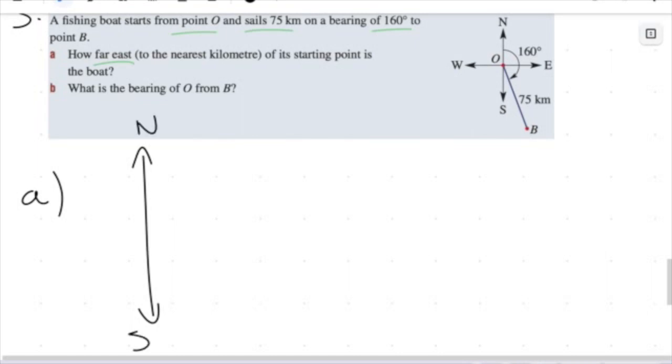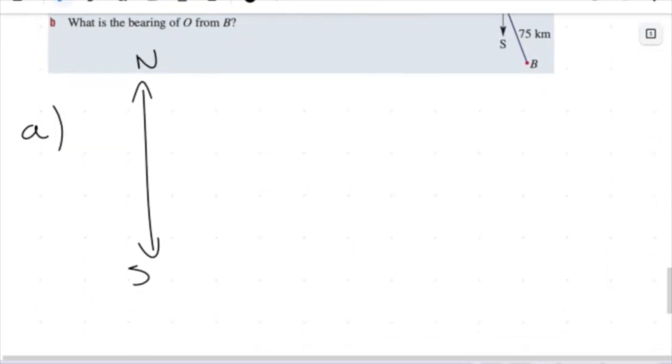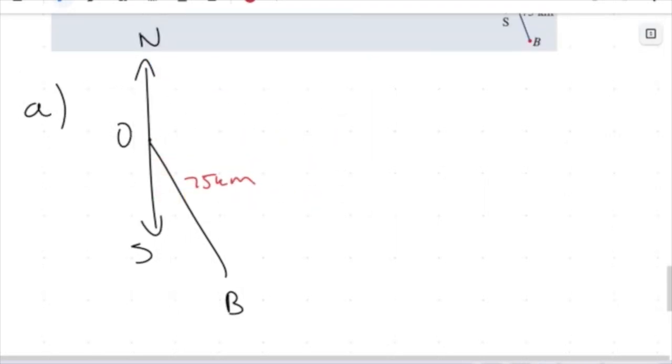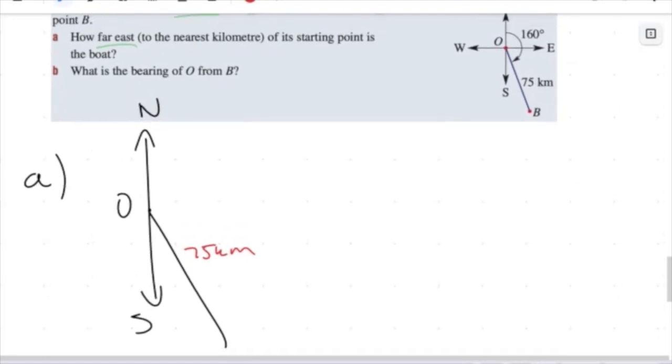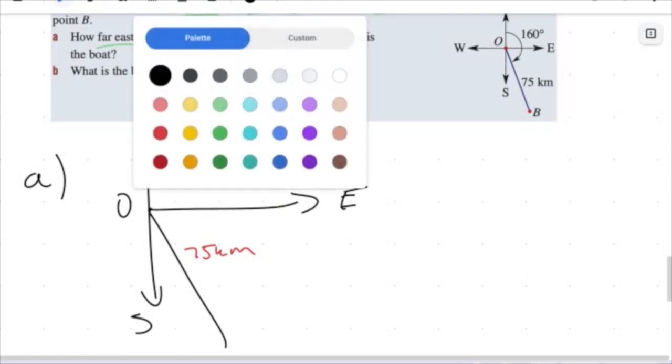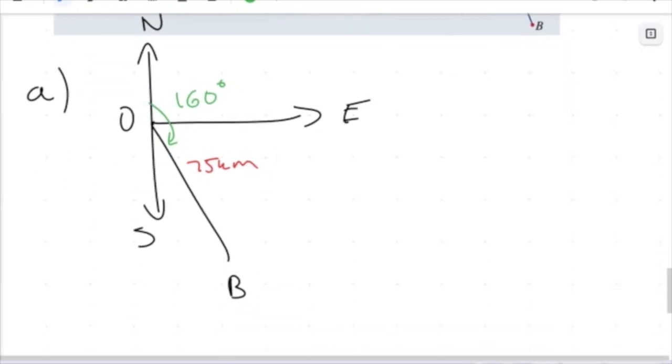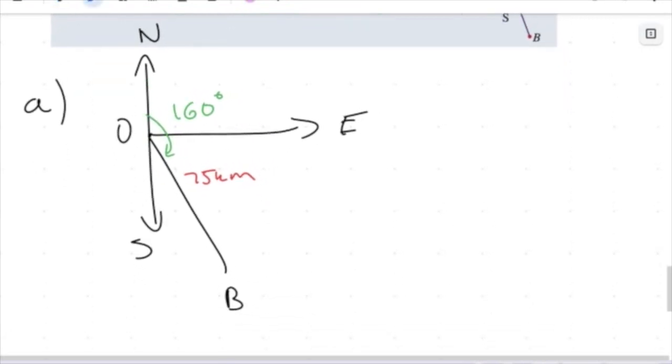So if we have north, south, and I have my point O here, and I have my point B, I've traveled 75 kilometers, and I have east in this direction, and an angle of 160 degrees.